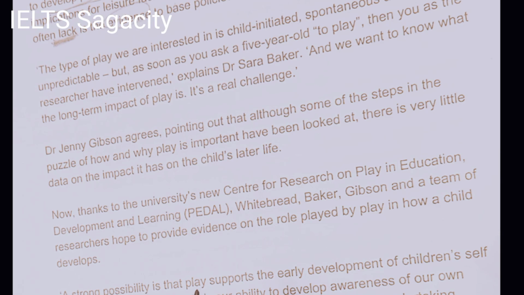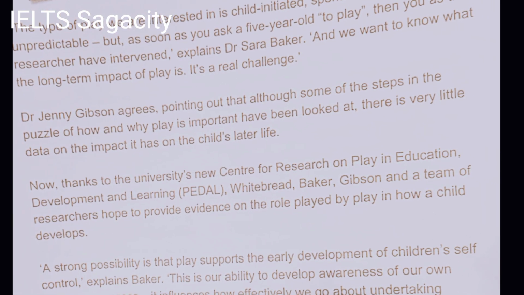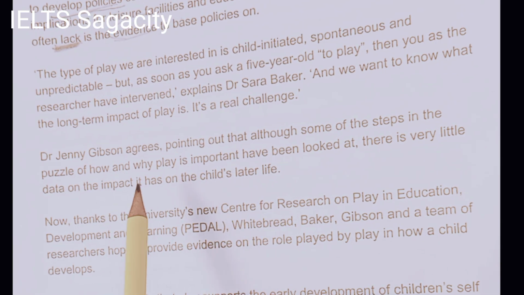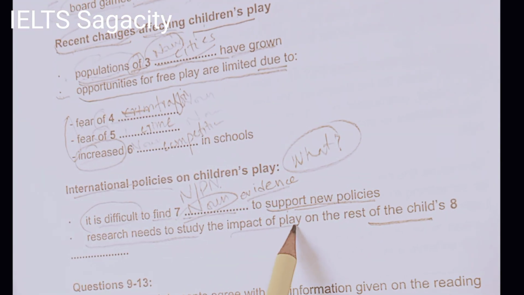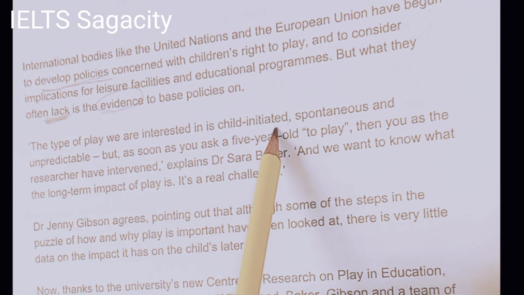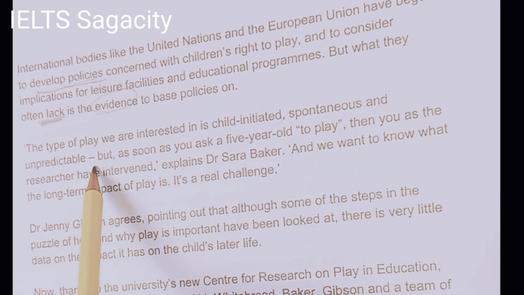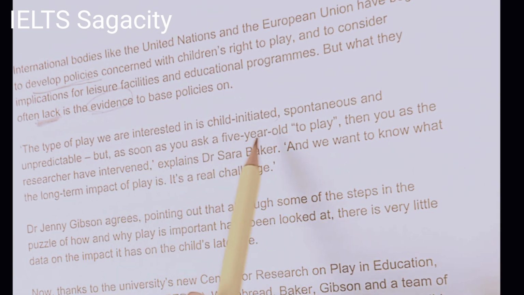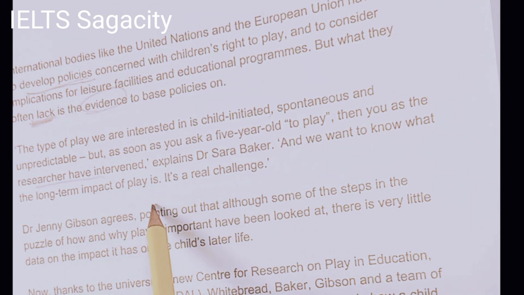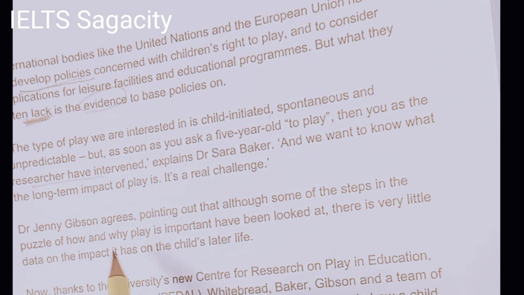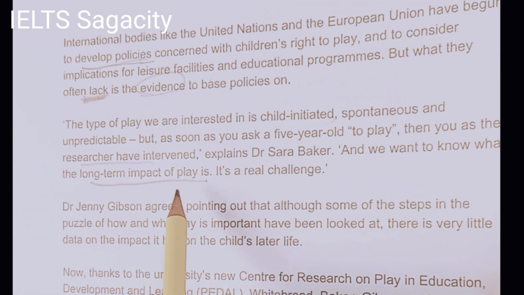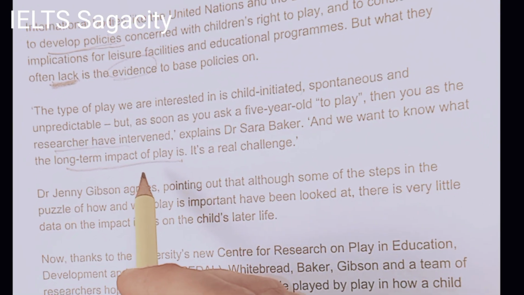It is not a contraction, it is actually an apostrophe which represents the idea of possession. Impact on rest of the child's dash. The researchers have intervened. Okay, we want to know the long-term impact of play. No, this is not particularly related to a child's rest of the dash, so we'll have to move on.